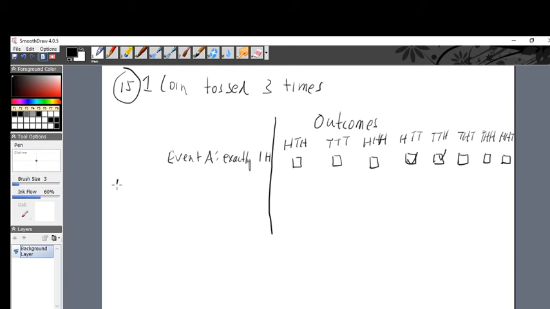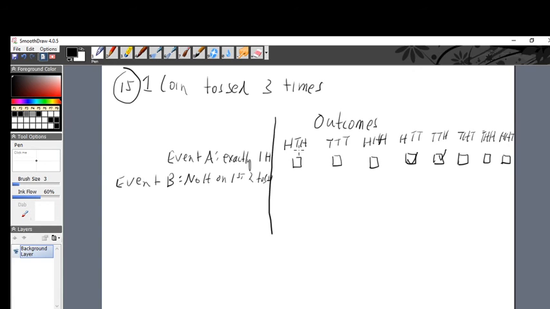Okay, event B, I need more space. Event B, you'll get boxes too, but I'm tired of the boxes. It's too much for me to write because it just wastes a lot of time on the video. So event B is no H, no heads on the first 2 tosses. So we have to check out the outcomes where you have no heads on the first 2 tosses.